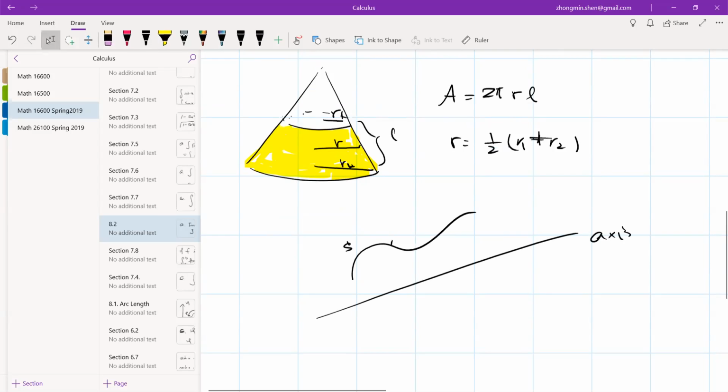If you rotate it around this axis, I'm going to divide this surface of revolution into many slices. So this is one tiny slice. I'm going to color it.